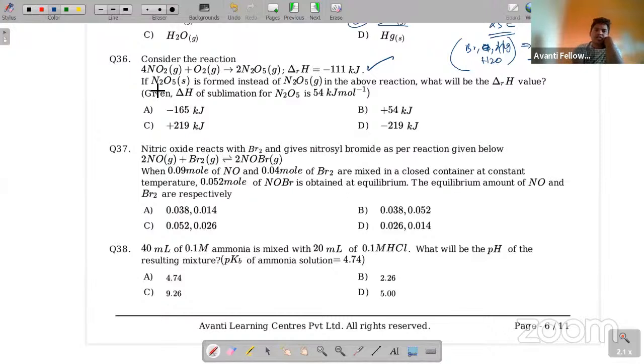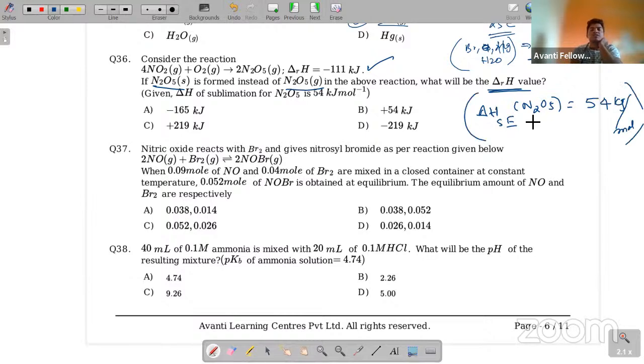If N2O5 solid is formed instead of N2O5 gas in the above equation, what will be the delta rH value? The delta H of sublimation of N2O5 is given as 54 kilojoule per mole.